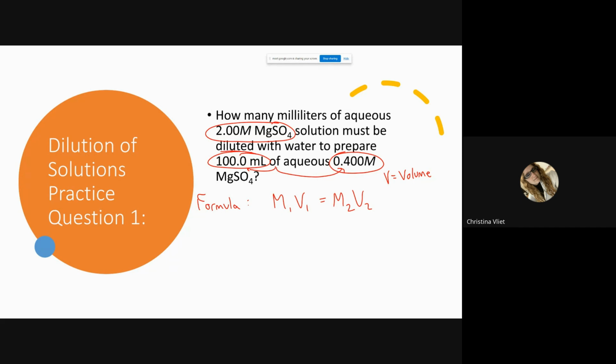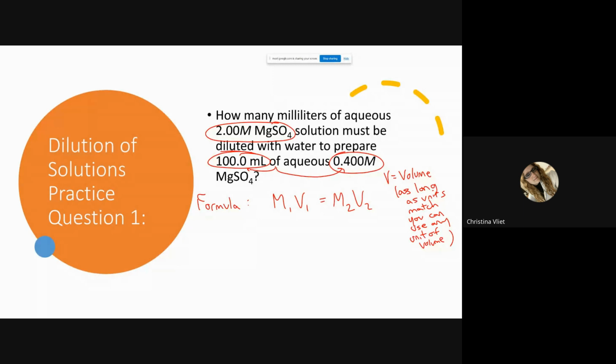Why didn't I do that? Most people won't write it as liters or milliliters. As long as the units match, you can use whatever unit of volume you want in this formula. That's what's really cool about it. You can use any unit of volume, because they'll always cancel properly due to the way the equation works.